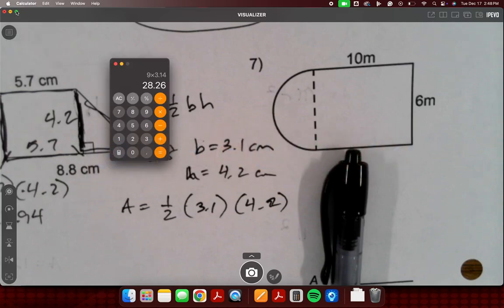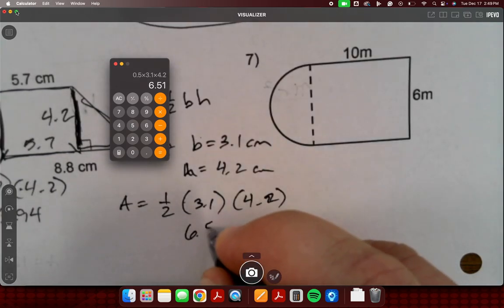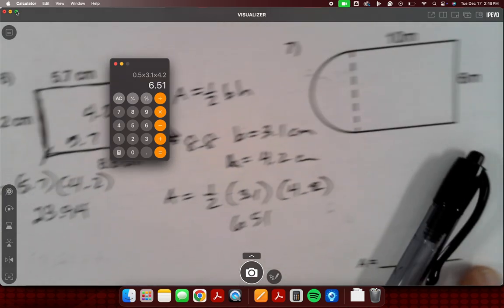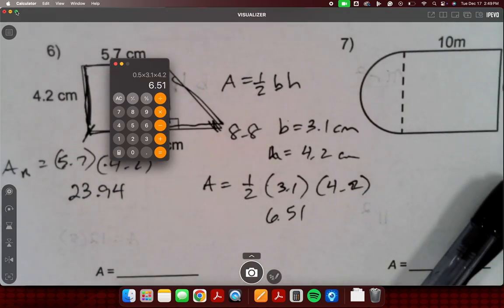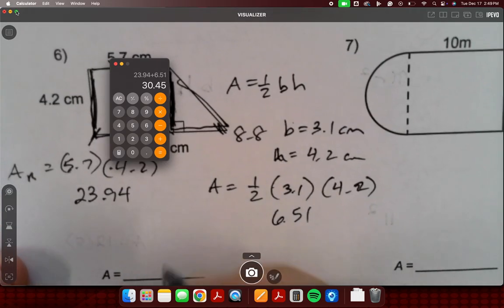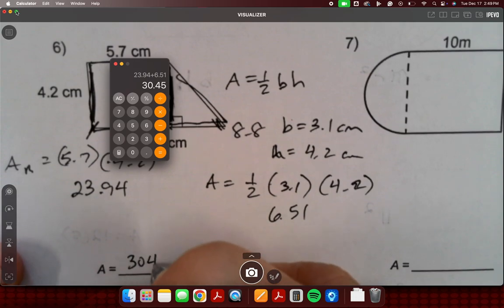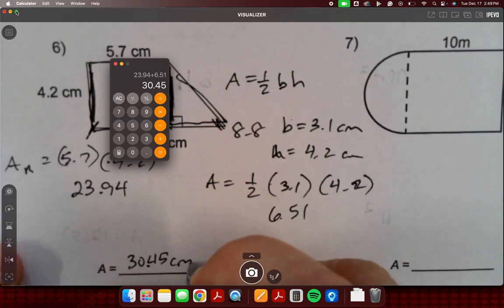So you can just type in 1 divided by 2, hit enter, that's 1/2, times 3.1 times 4.2. So the triangle has an area of 6.51 square centimeters. And we can add that to the rectangle, which is 23.94, and get a total of 30.45 square centimeters.